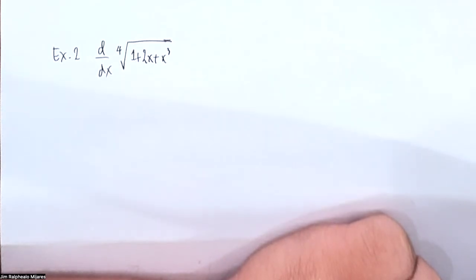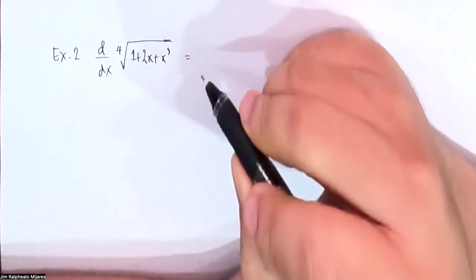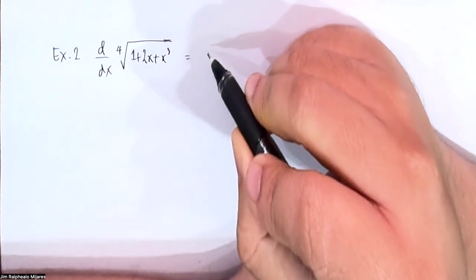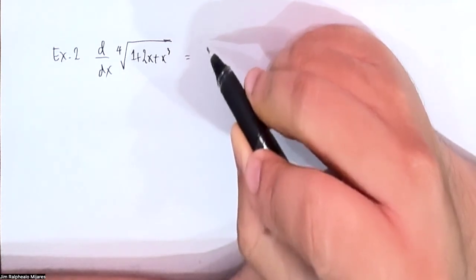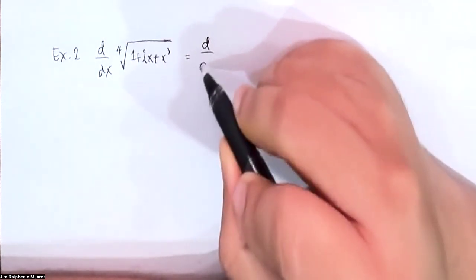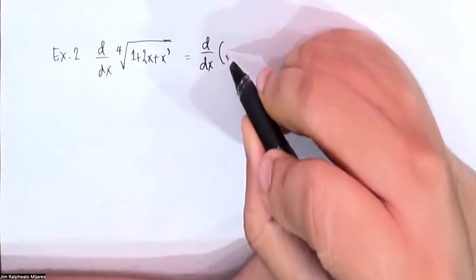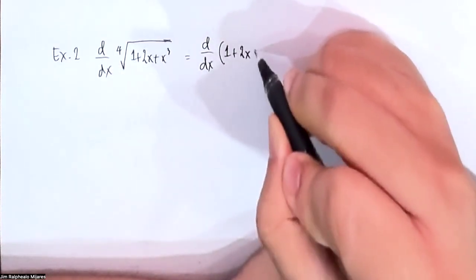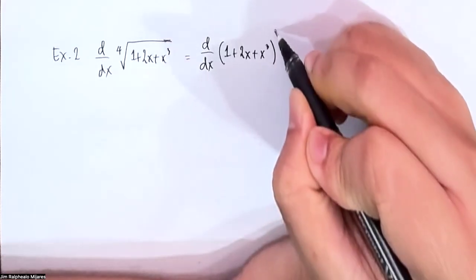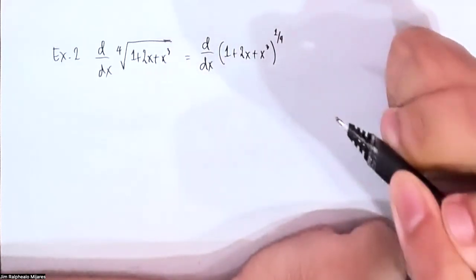Well, if we rewrite this, it would be 1 plus 2x plus x cubed to the 1/4, right?